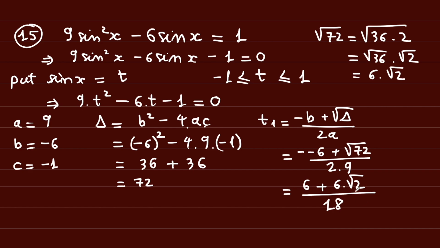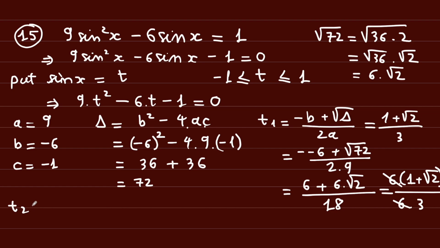And we can factorize 6 outside. You get 6 multiplied with open brackets 1 plus the square root of 2, over 6 multiplied by 3 equals 18, and then you can simplify this. The final answer for t1, the first solution for t, will be (1 plus the square root of 2) divided by 3.